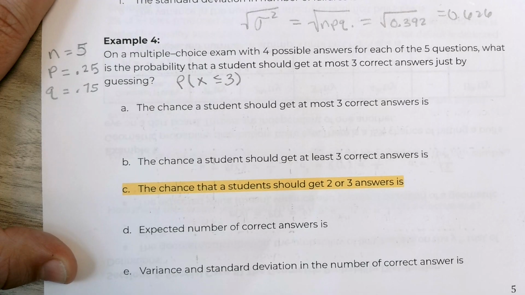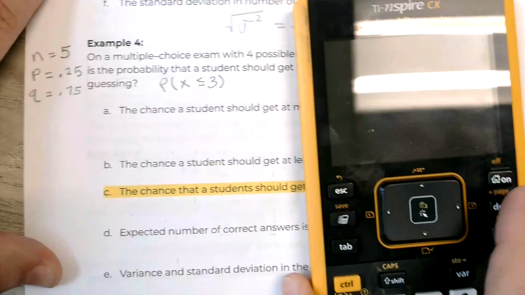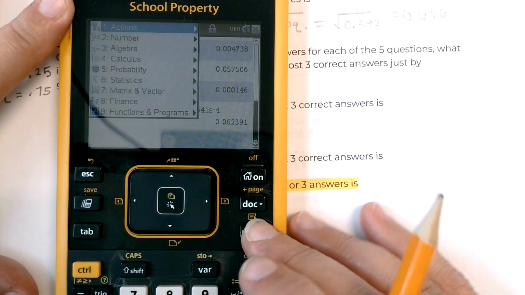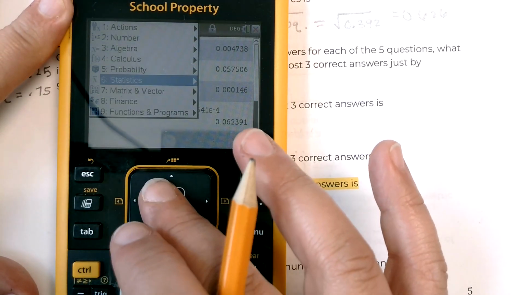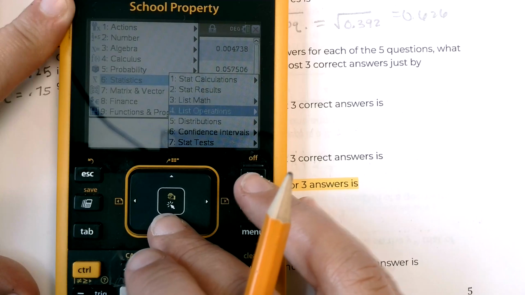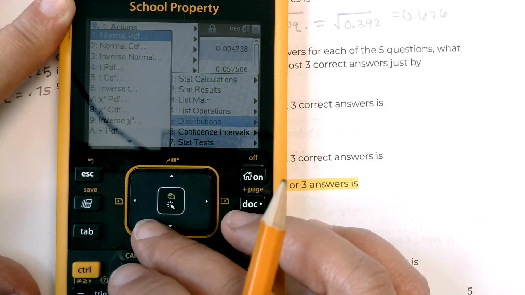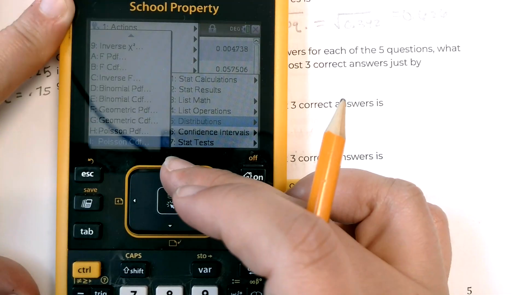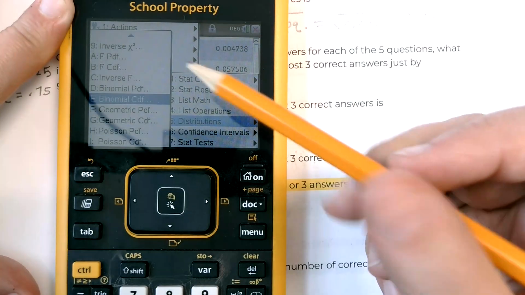Okay, so we're going to do menu, statistics, distribution, and then we're looking for binomial. So I went upwards, and we want a CDF.